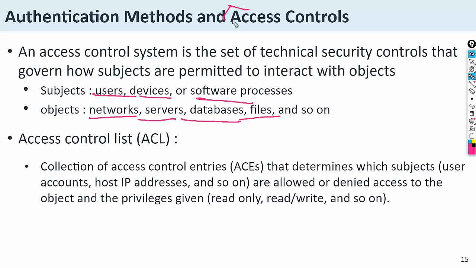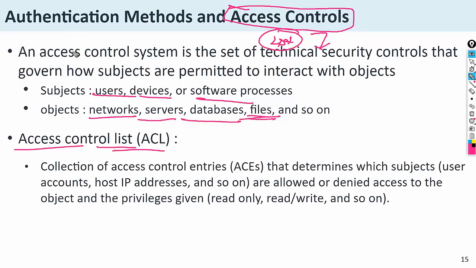Whatever access control rules are defined, they are written in a list, and on the basis of that list subjects access their objects. This list is known as an access control list. What is an access control list?